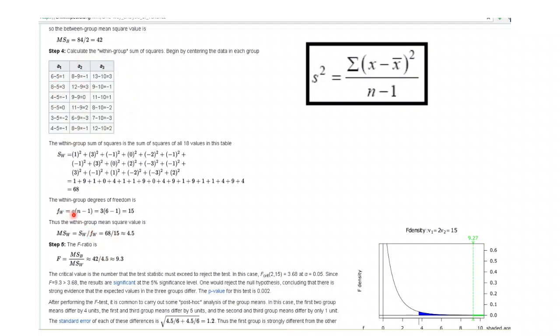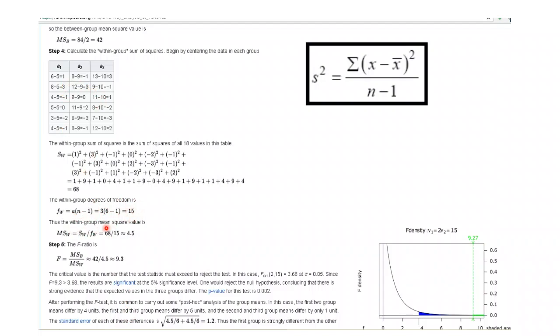So, the number of groups multiplied by the sample size minus 1: the number is 3, and the sample size is 6 in each group. Now, 6 entries minus 1, when we calculate, this comes out to be 15.